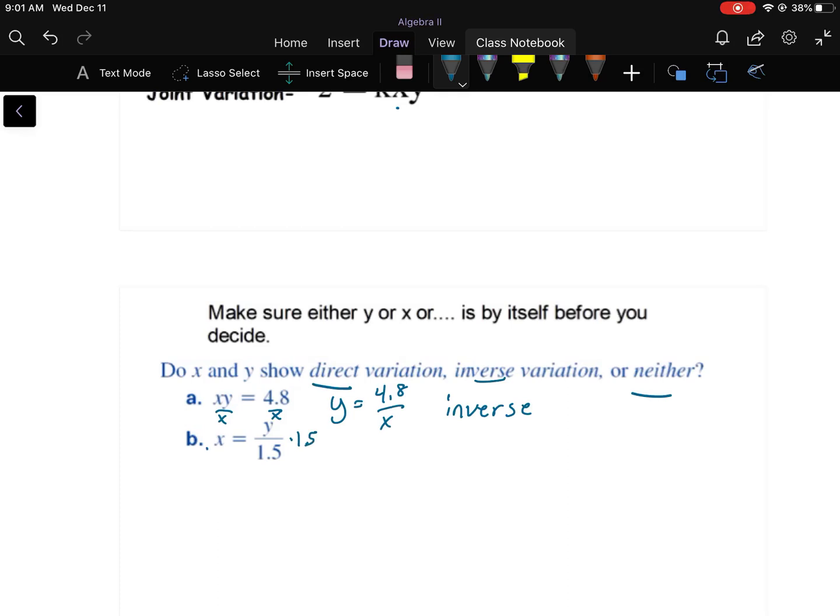I'm going to multiply by 1.5, and I got y equals 1.5x, and that guy would be direct. Neither would look like this. Like if I had y equals 5x plus 1, that's neither, because of the plus 1. There's no addition, there's no subtraction when it comes to these variations.